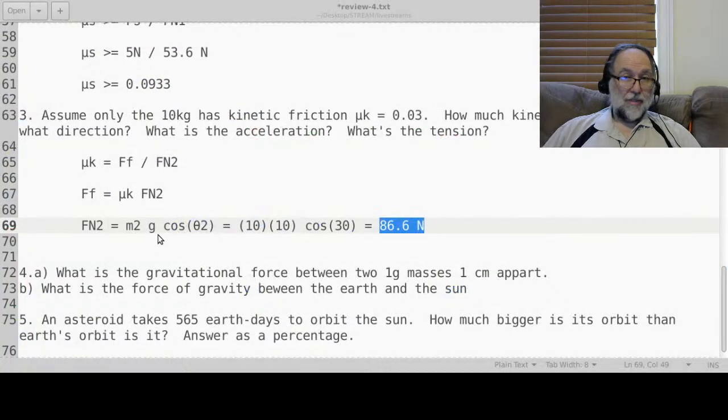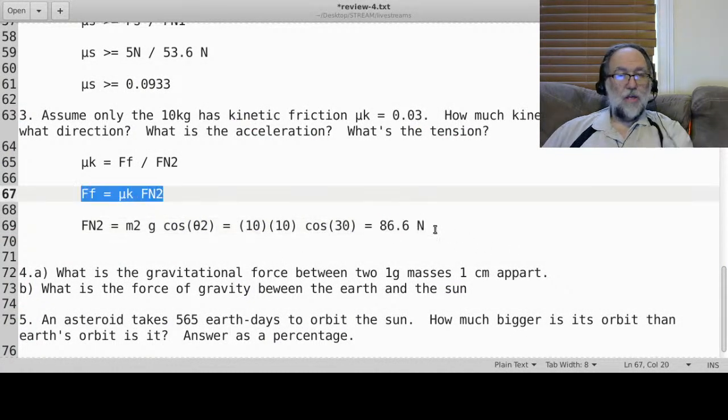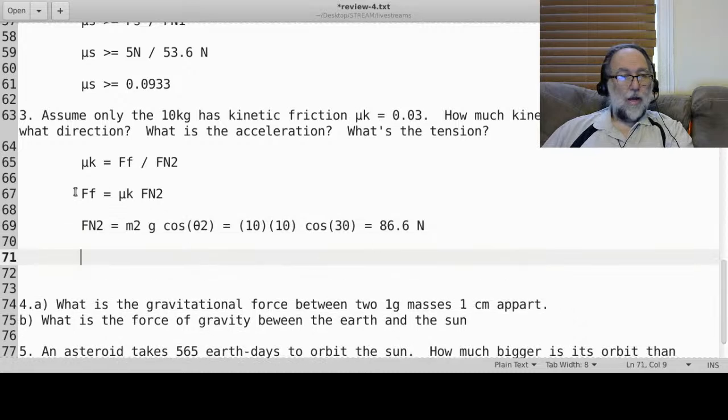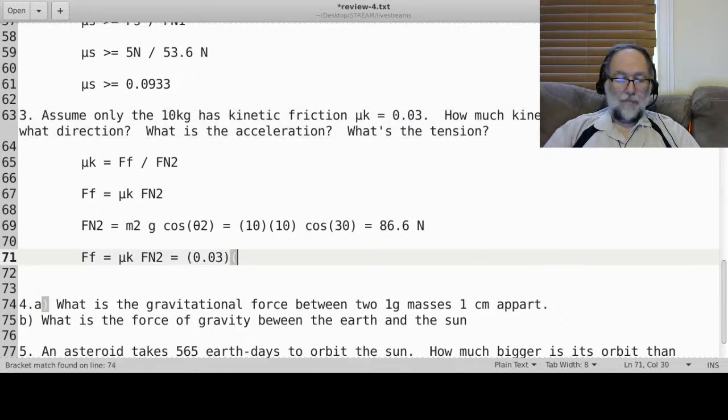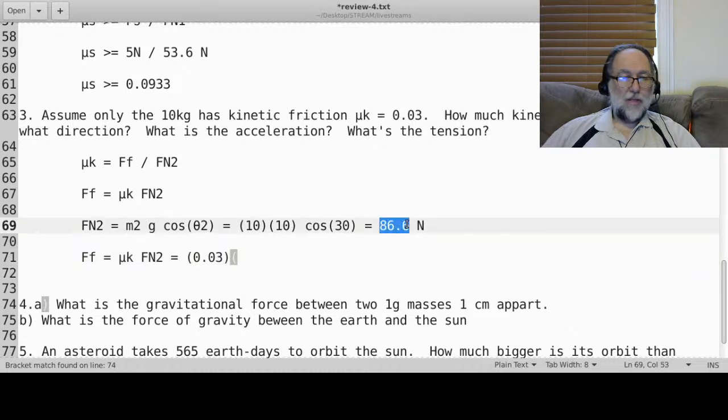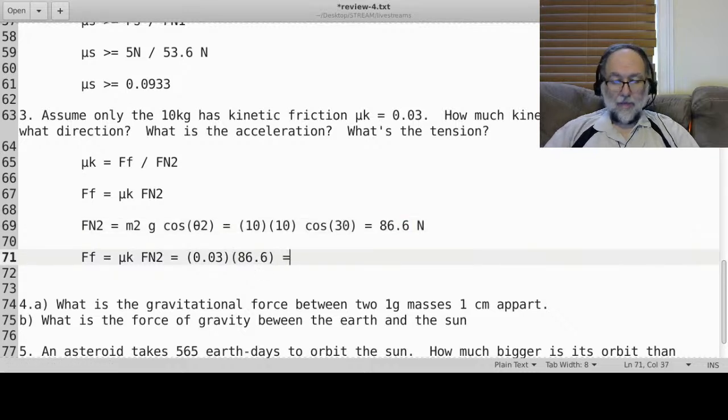What about that force of friction? Because that's where we were heading with all of this. Well, now we can just use this equation here. So we've got that. But now for mu k, we can write 0.03. And for Fn, we can write 86.6. And whoops, what does that give us?